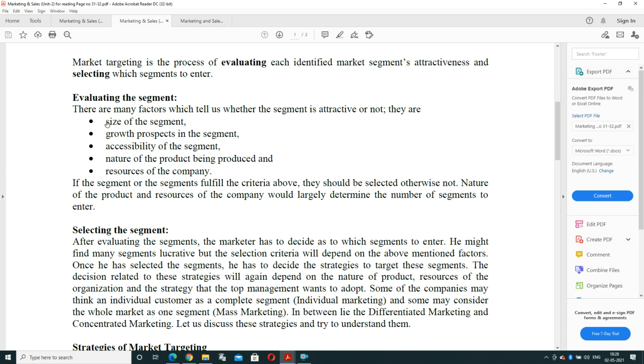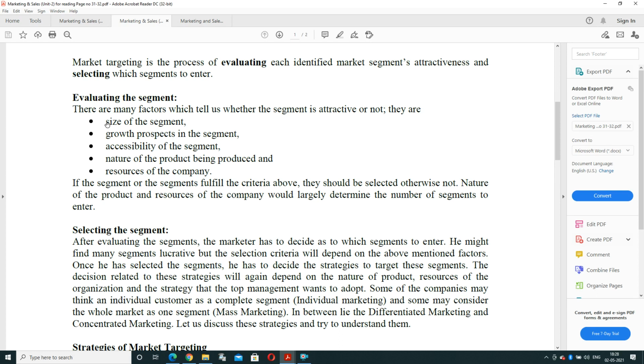So next is selecting the segment. How to select? After evaluating and preparing the final report, the marketer has to decide which segment to enter, which segment is beneficial. He might find many segments lucrative, but the selection will depend upon the above-mentioned factors. All factors will be involved: size, nature, type, accessibility, growth.